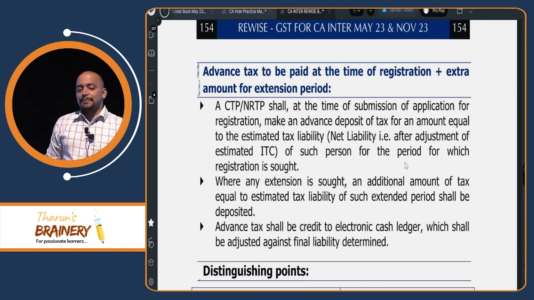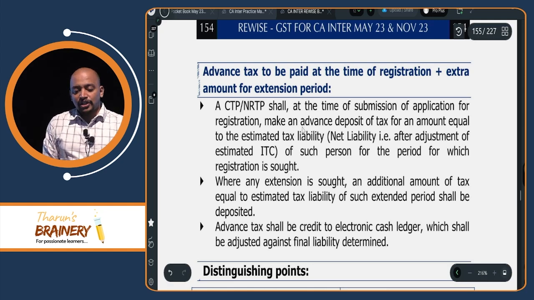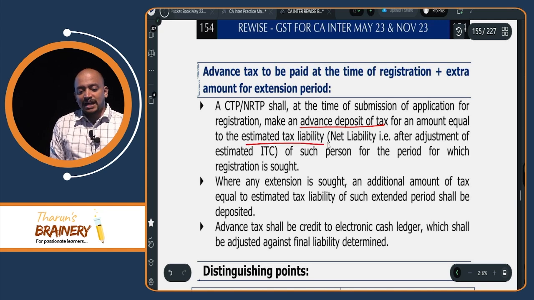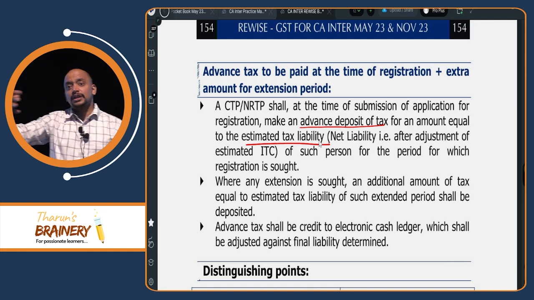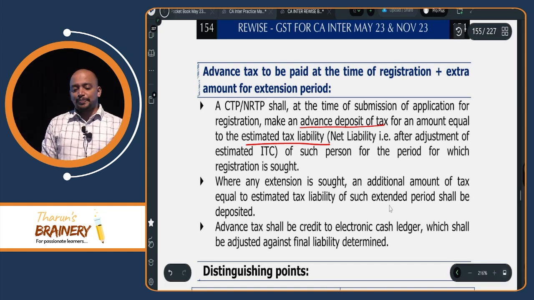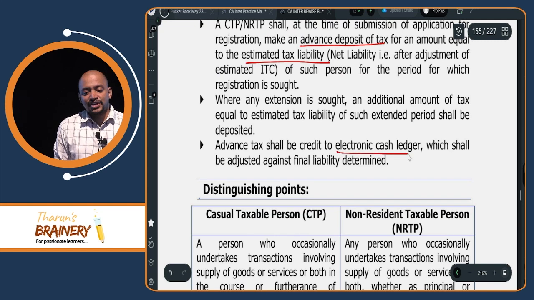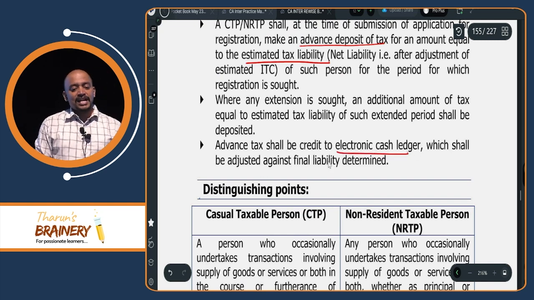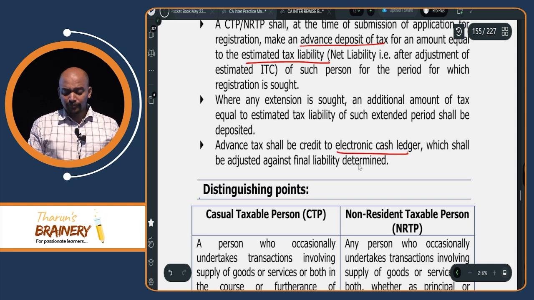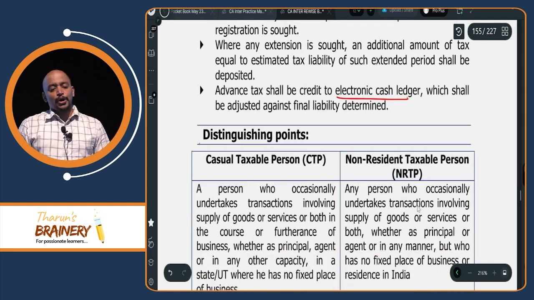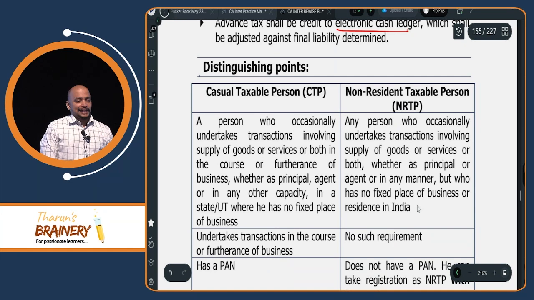A CTP NRTP shall at the time of submission of application make advance deposit of tax, and this advance deposit of tax is with respect to estimated tax liability. And suppose if the extension is sought for that extra period, again they need to pay the additional amount of tax as advance tax. And where this advance tax will be kept? Electronic cash ledger, which shall be adjusted against final liability. Got it?